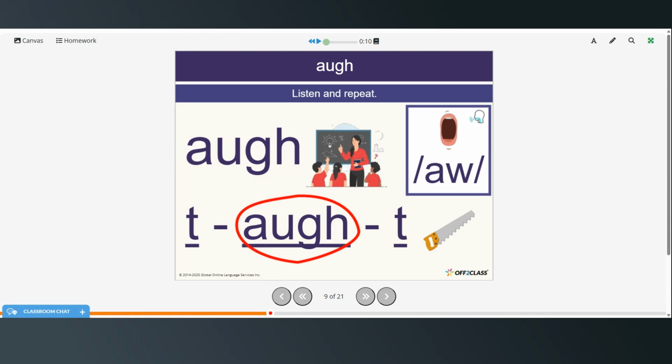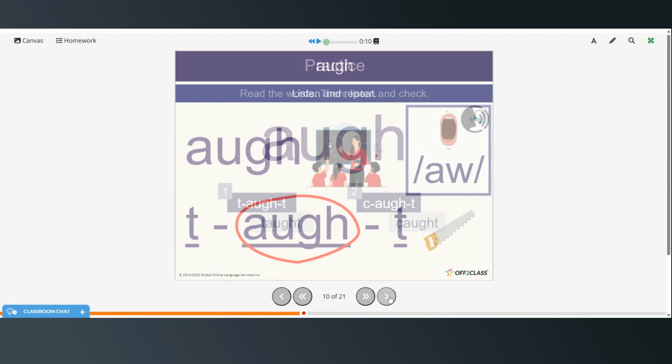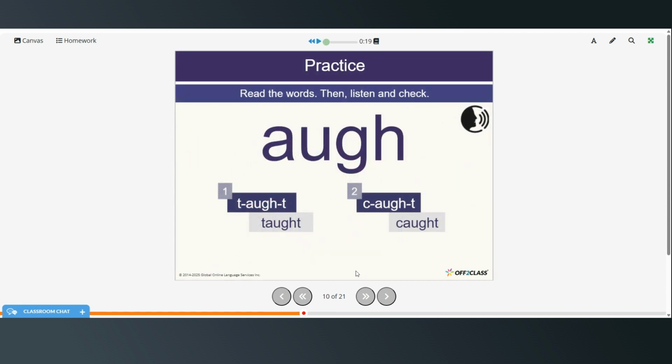And now another letter combination that makes the ah sound. So listen and repeat. Ah, ah, ah, taught. Right now, practice reading these words and then listen to check.